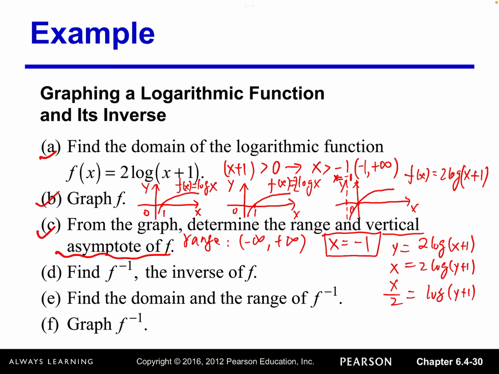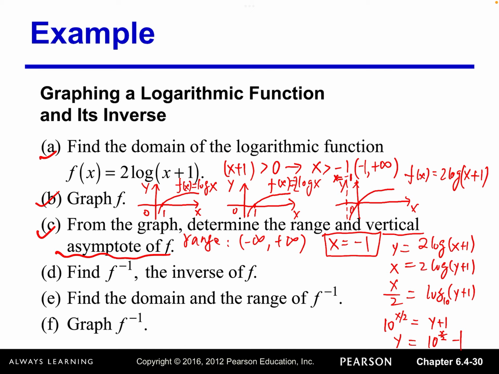Then write it in exponential form. Remember, the default base is 10. So 10 raised to the x over 2 power equals y plus 1. Now we can solve for y: subtract 1 on both sides, so y equals 10 raised to the x over 2 power minus 1. That's the inverse function.